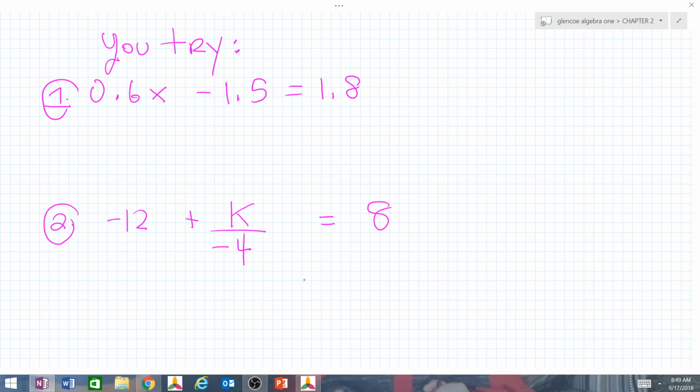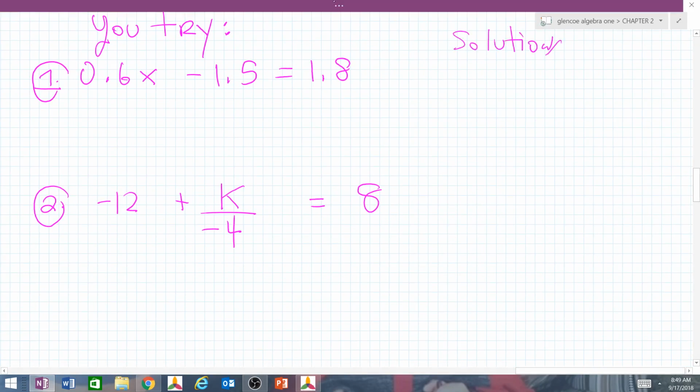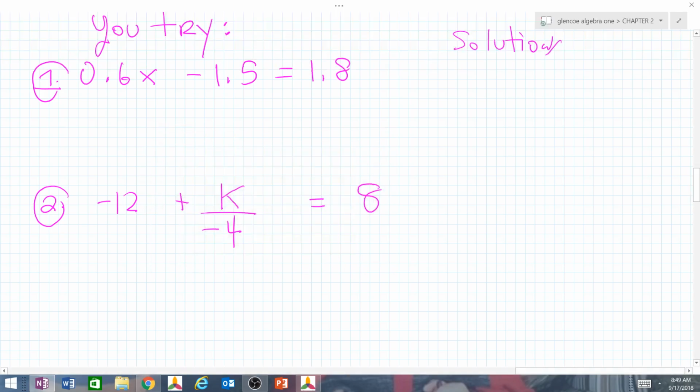Okay, 0.6x minus 1.5 equals 1.8. So let's look at our solutions here. So the first thing we're going to do is what? Add what? Add 1.5 to each side.